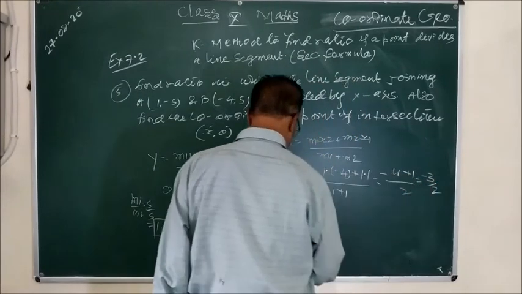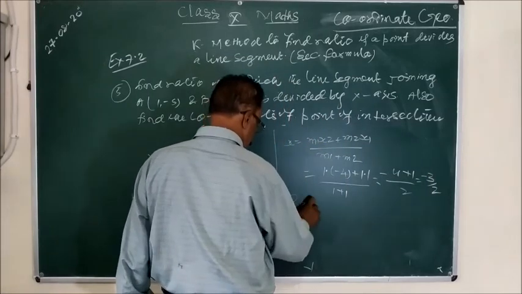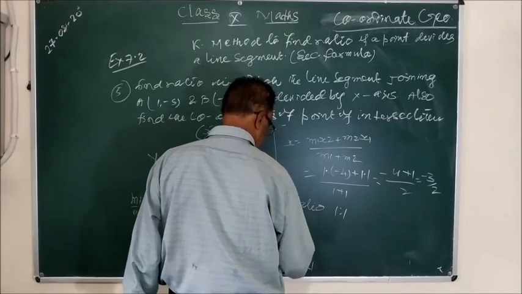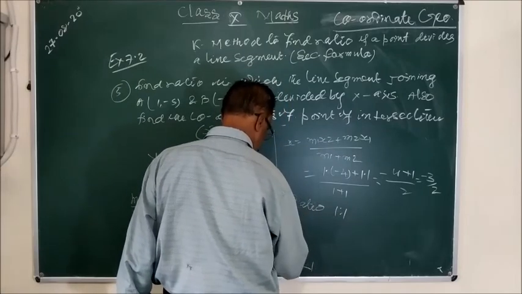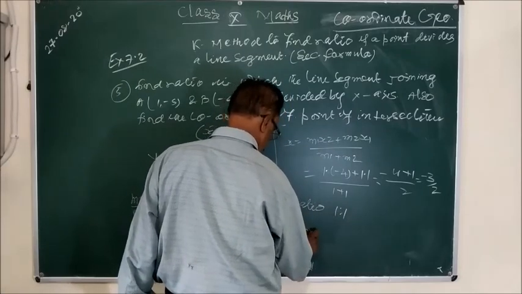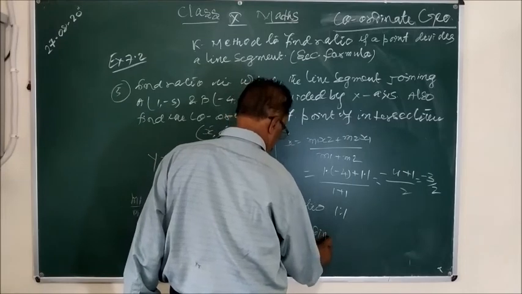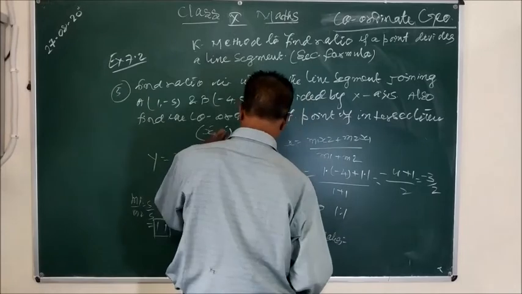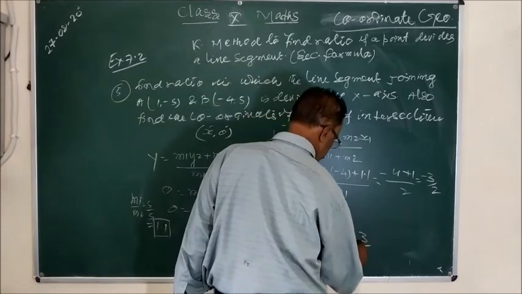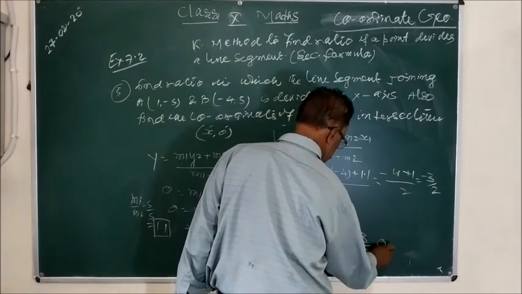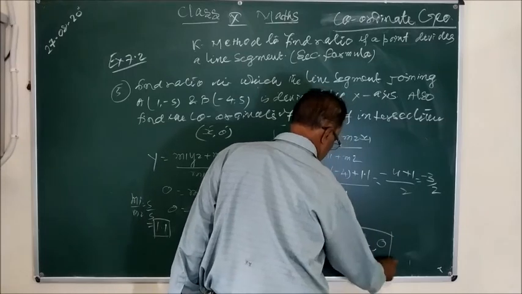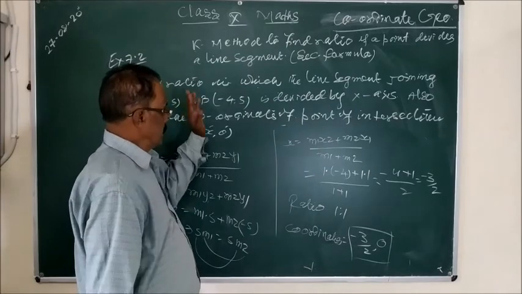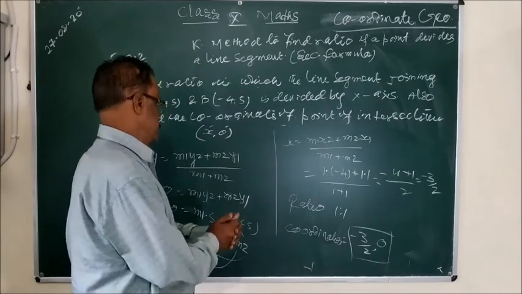So the two answers are: the ratio is 1 is to 1, and the coordinates of the point of intersection are minus 3 by 2 for the abscissa and 0 for the ordinate, because the line segment is divided by the x-axis.